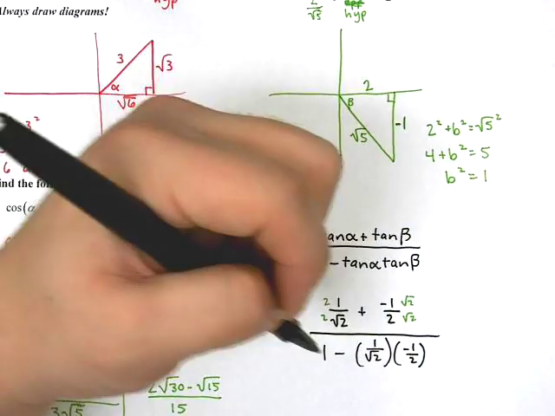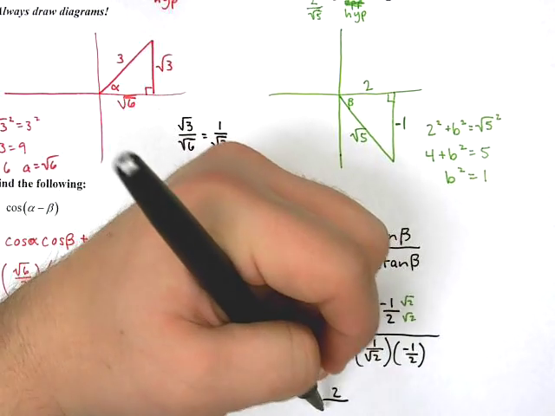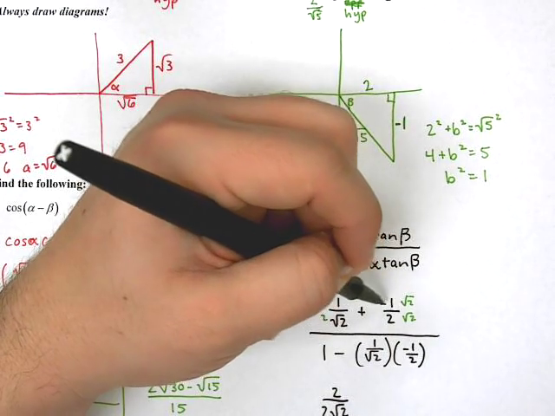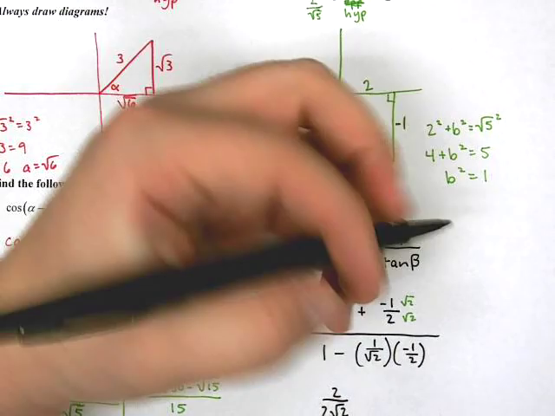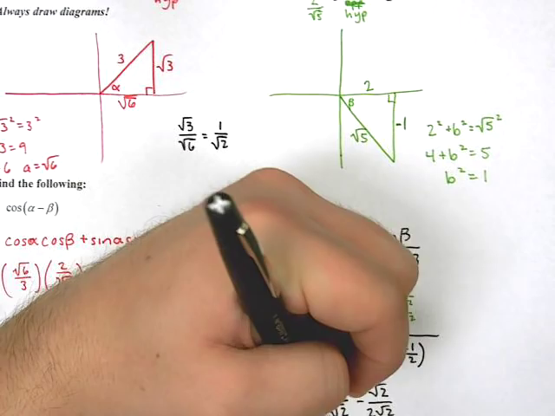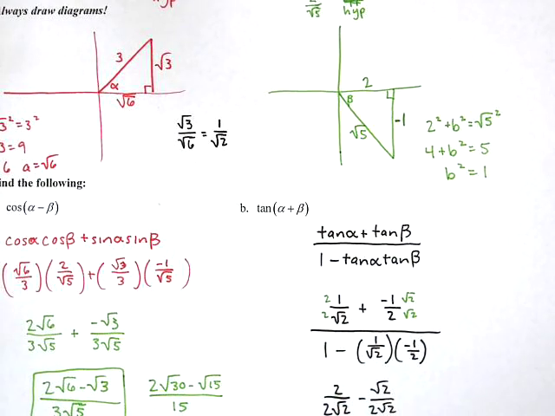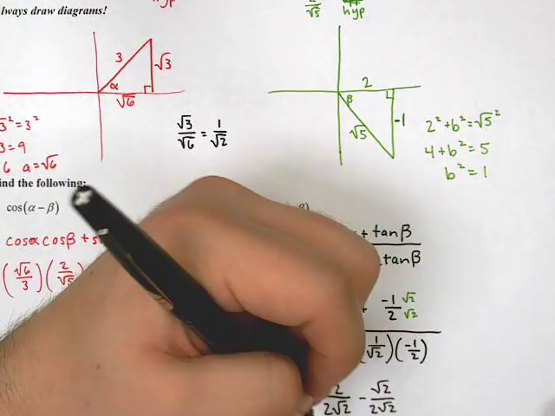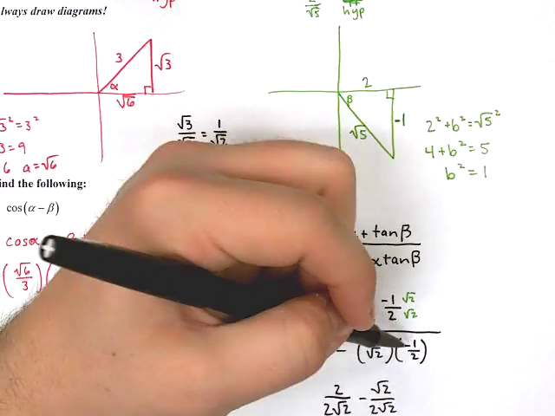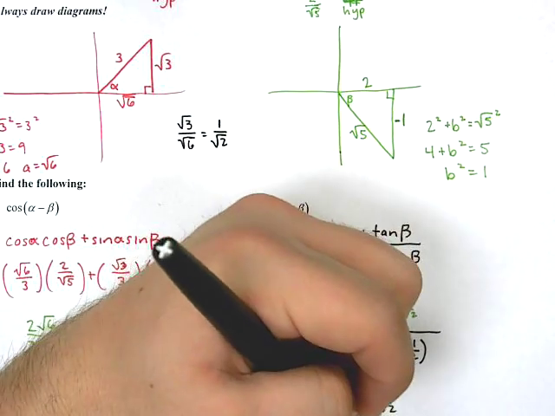So that'll be 2 over 2 square root 2, and then minus square root 2 over 2 root 2. Now, let's take a look here. This will be 1 minus negative 1 over 2 square root 2.